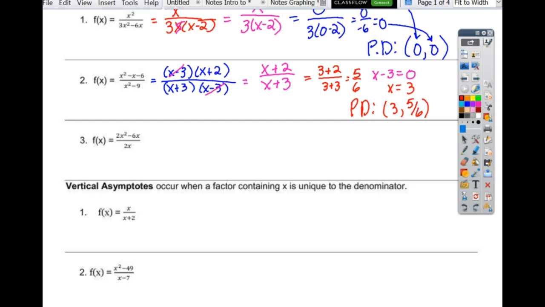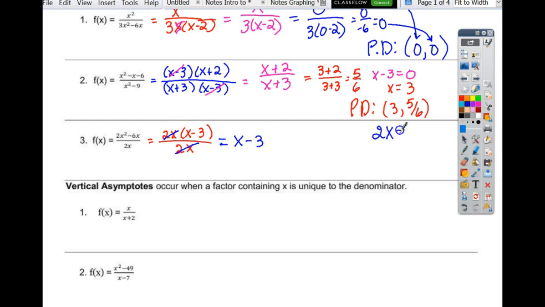So on number 3, on top, if I take out a 2x, the 2x's cancel, so I get x minus 3.